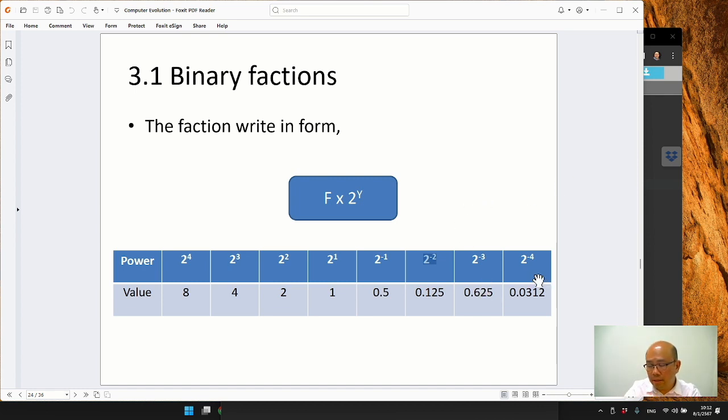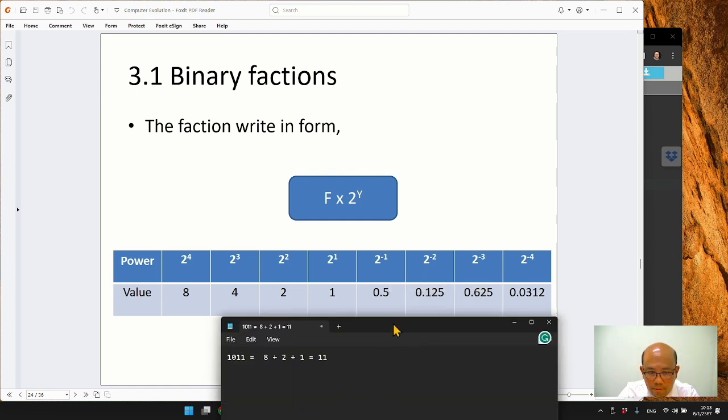The size of the value is reduced by 2 power minus n. Here 2 power minus 1 is 0.5, 2 power minus 2 is 0.25, and 2 power minus 3 is 0.125.